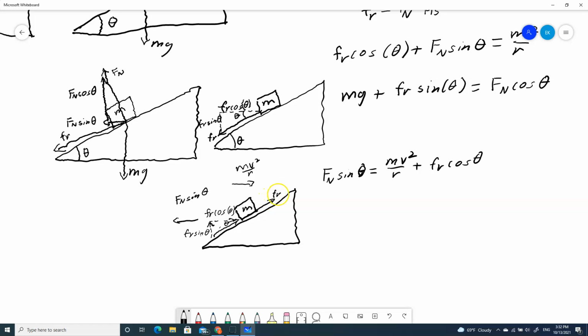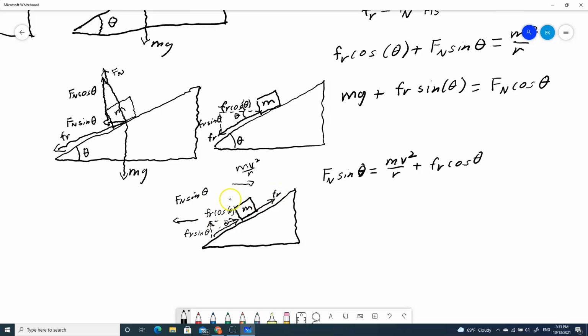So in this case, the force of friction comes in handy, because it is going this way, opposing the object's motion downwards, and therefore opposing F_N sin θ. So the horizontal component of the force of friction is going to oppose the horizontal F_N sin θ. So what is the horizontal component of friction?